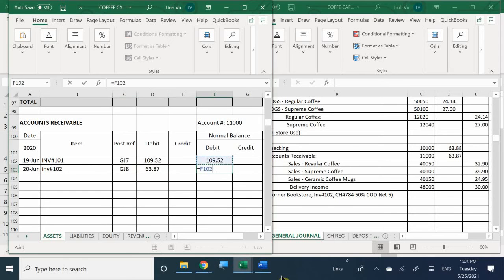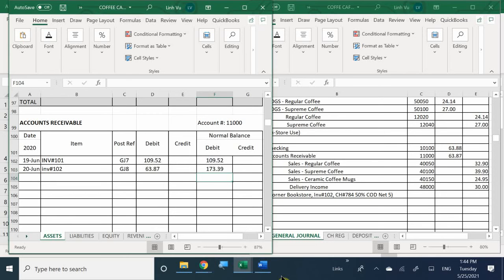So now we're going to use the formula: start with the previous balance, add any debits, subtract any credits, to get 173.39.